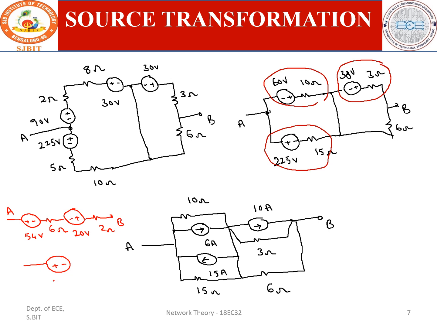This is our 34 volt and 6 ohm, 2 ohm are in series. This becomes 8 ohm, this is the point A, and it is A. This is the final network after simplification by using the source shift and source transformation.